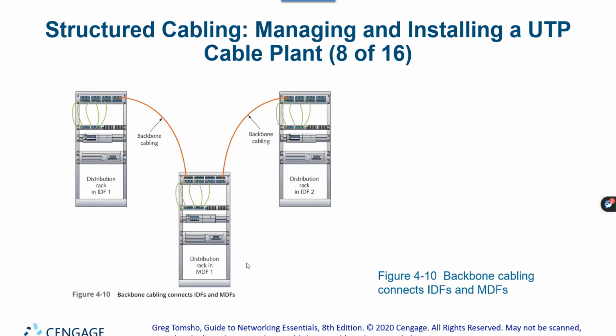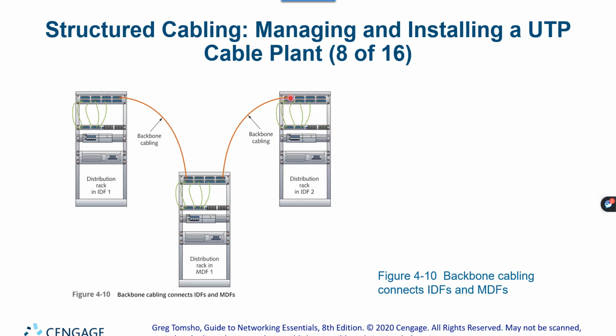So this is what we were talking about. We've got intermediate distribution frames. So this would be, let me get my pointer, the distribution rack. This would be the equipment closet on the first floor. This would be the equipment closet on the second floor, our intermediate distribution frame.